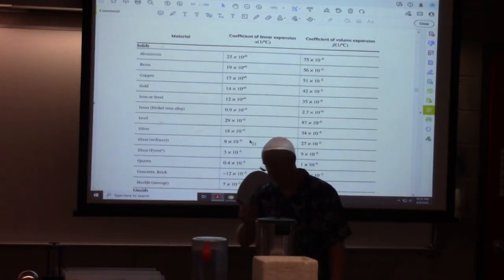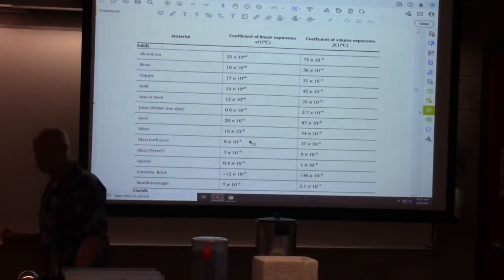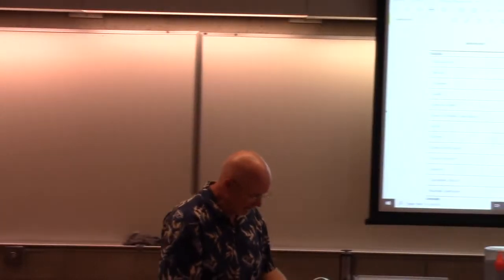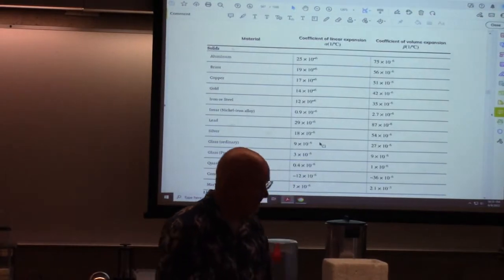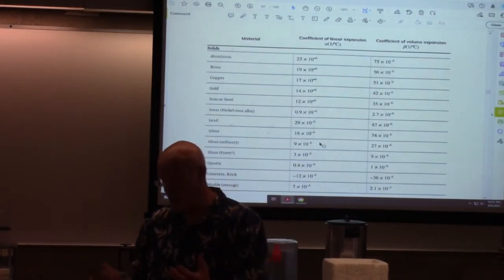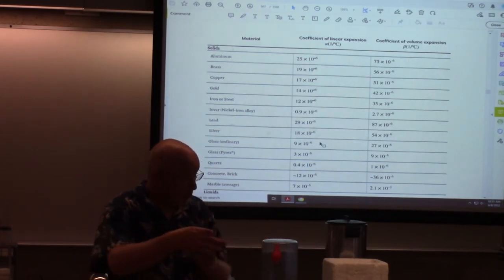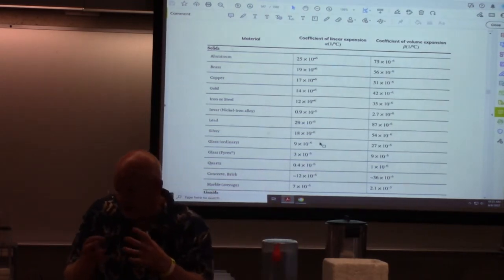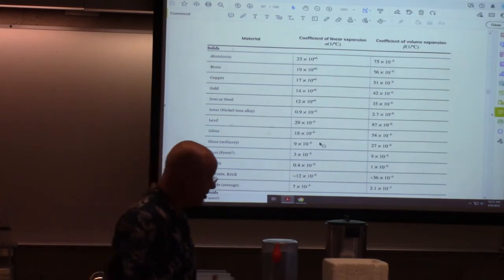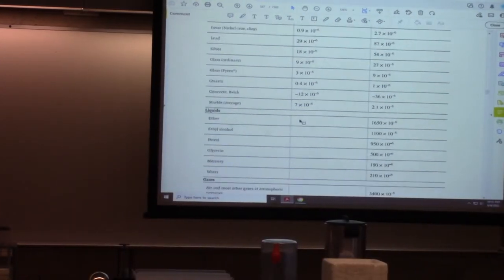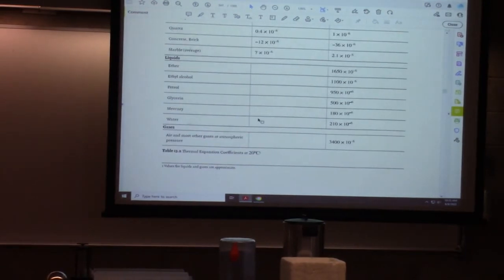Except we got to be careful with liquids. See, liquids, remember our discussion earlier? Liquids never grow in a straight line. They only grow by volume. It makes no sense to talk about a linear expansion because a liquid will flow in whatever shape it's confined in. Which is why, when you scroll down here and get to the liquids, the author doesn't even list anything for the alpha.